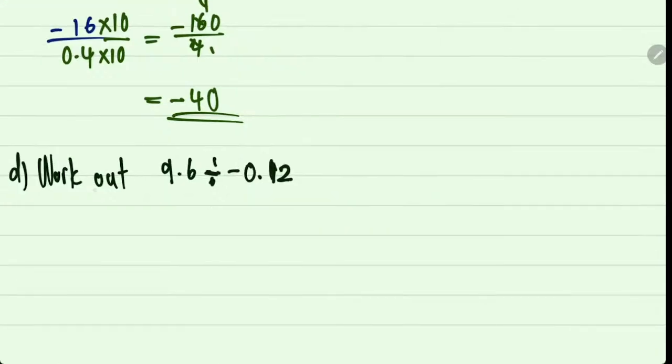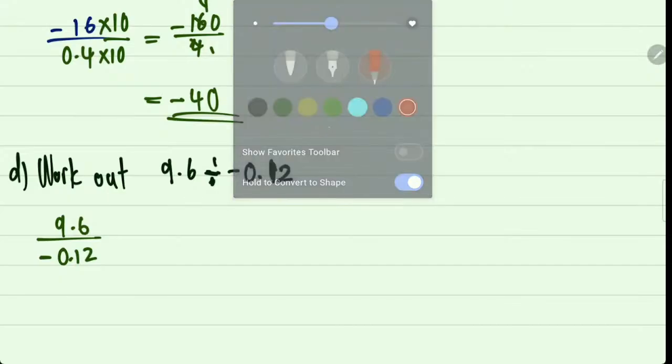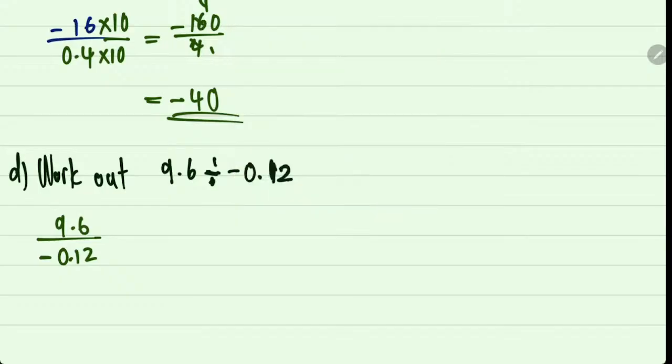We write 9.6 over negative 0.12. Now, this is dividing. If we're multiplying, we would put them as whole numbers. When we are dividing, you should manipulate. In other words, you should make them be whole numbers by looking for a number to use, either 10 or 100 or whatever. Here, if you count, the comma can move 1, 2, and here, 1, which means it can move 2 steps. Here, it can move 1.